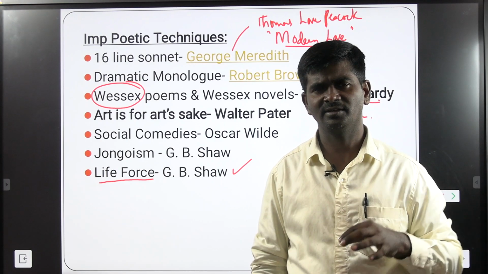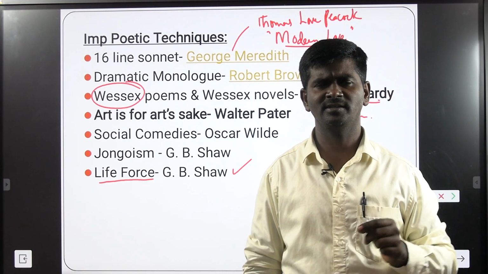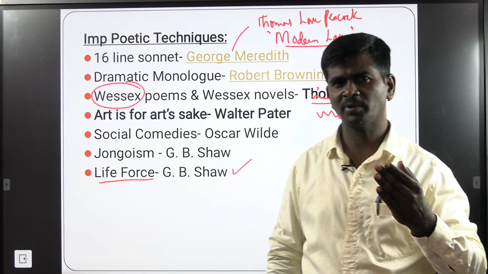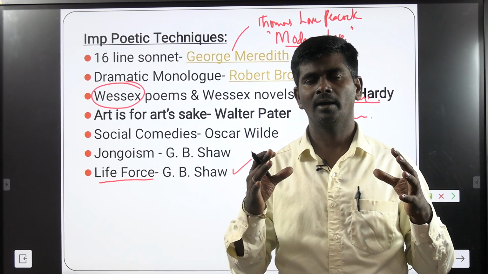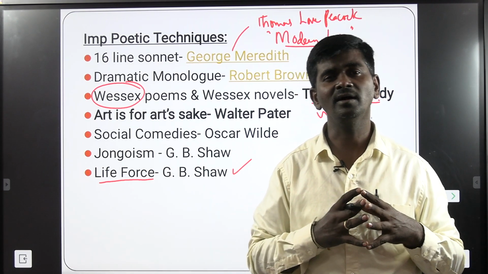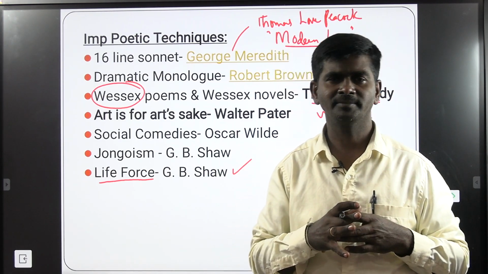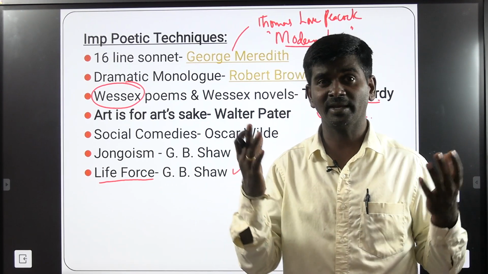Once you read the central characters of any play that is composed, for example, St. Joan, she gives a lot of priority to life force. She believed that a 19-year-old young French girl fights against the British army, and she became a saint.